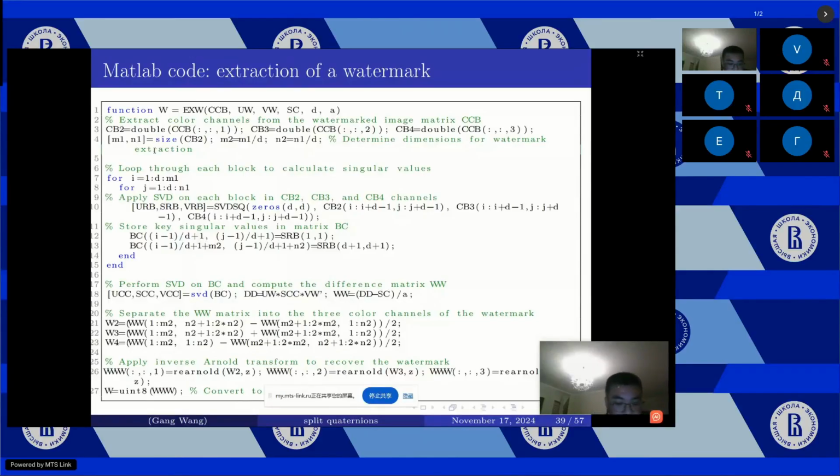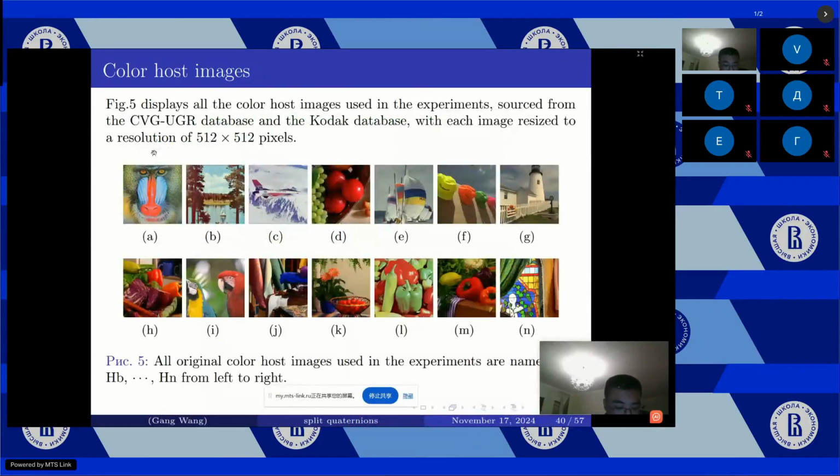This approach effectively demonstrates the use of split-quaternion matrix and SVD techniques in watermark extraction. Next, we will present a detailed analysis of the experimental results.